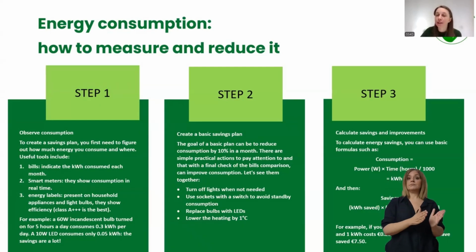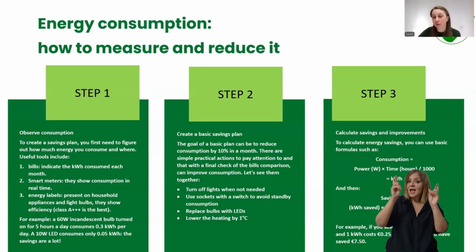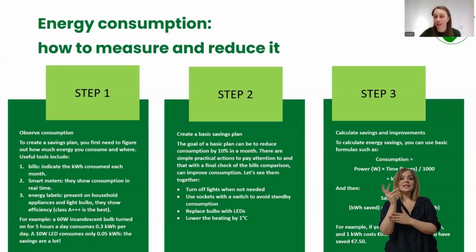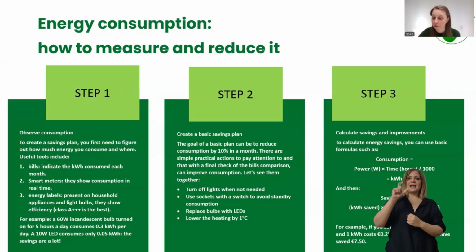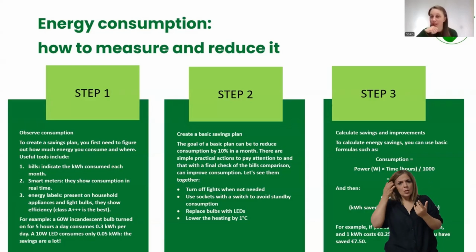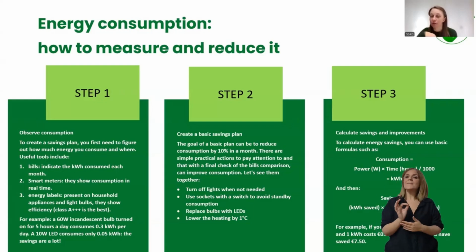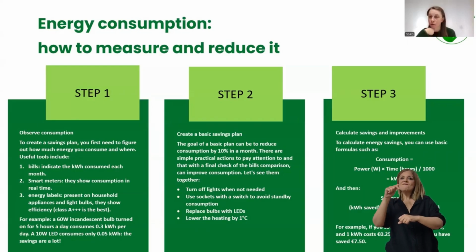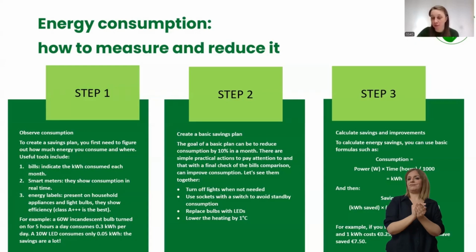Then step number 3 is to calculate how to save energy and how to improve our daily actions for saving energy. This is a really simple calculation when you make it and when you check it. This allows you to save kilowatt hours per month, for example, and you can also save money. So it has a double effect on your budget and on the environment.